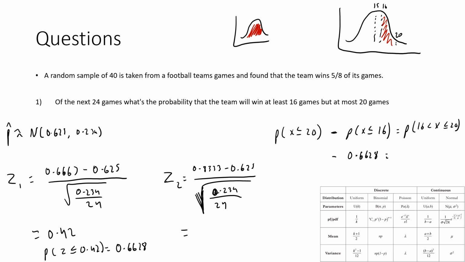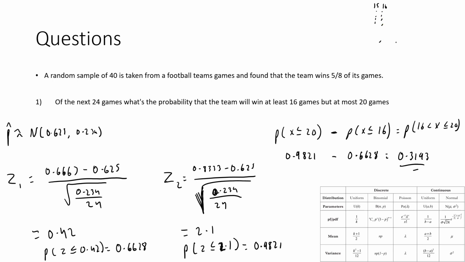And that gives us 2.1, and the probability of z being less than or equal to 2.1 is 0.9821. We can put that here as well. So 0.9821 minus 0.6628 gives 0.3193, which is the answer.